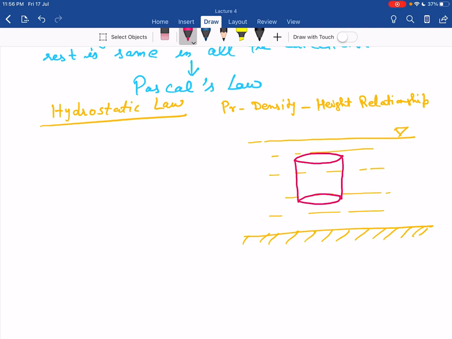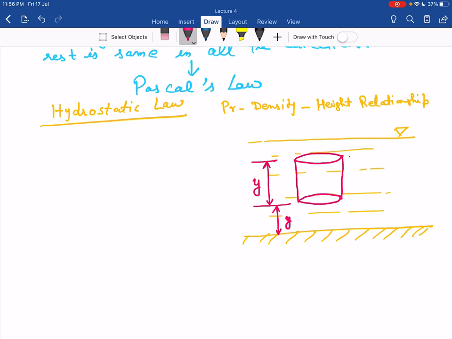Now the bottom surface of this cylindrical element is at a distance y from the bottom, and the length of this element is say y.